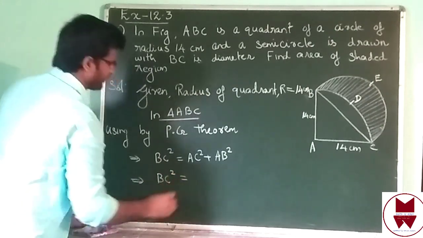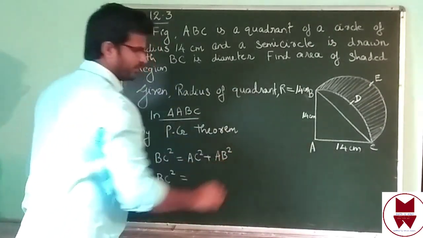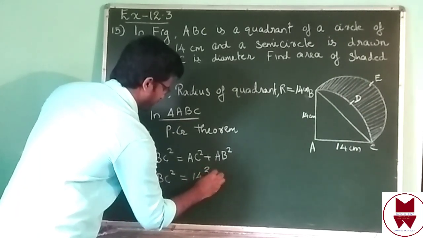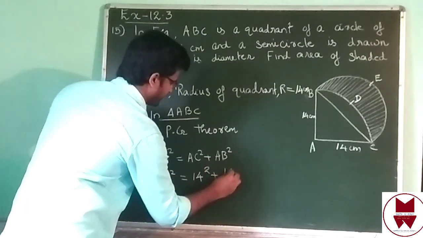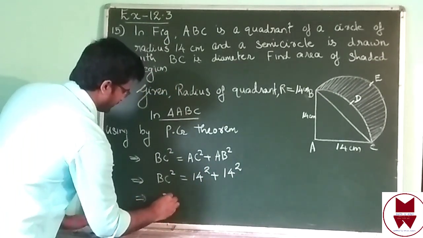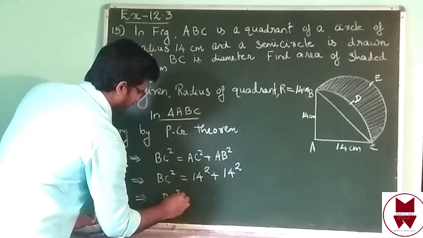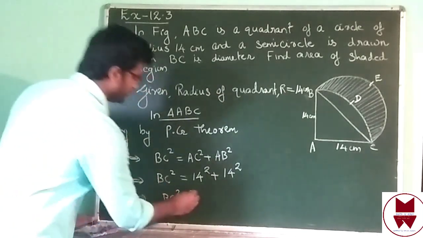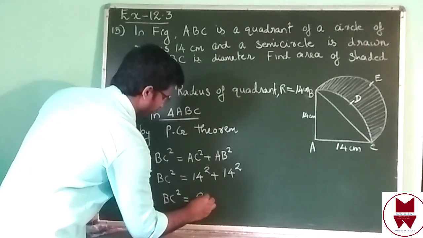BC square equals AC square plus AB square. AC is 14 centimeter, so 14 square plus AB also 14 square. Then BC square equals 14 square plus 14 square, we can write 2 into 14 square.